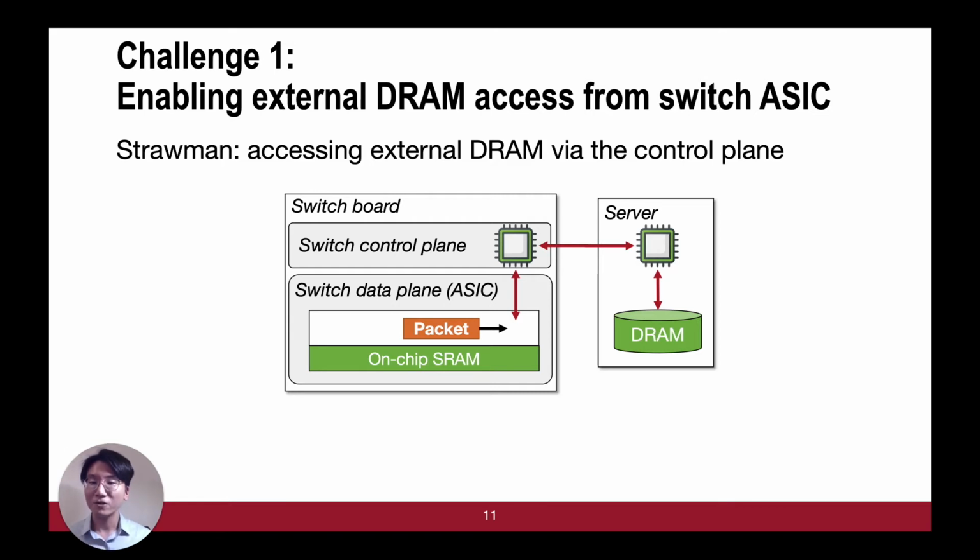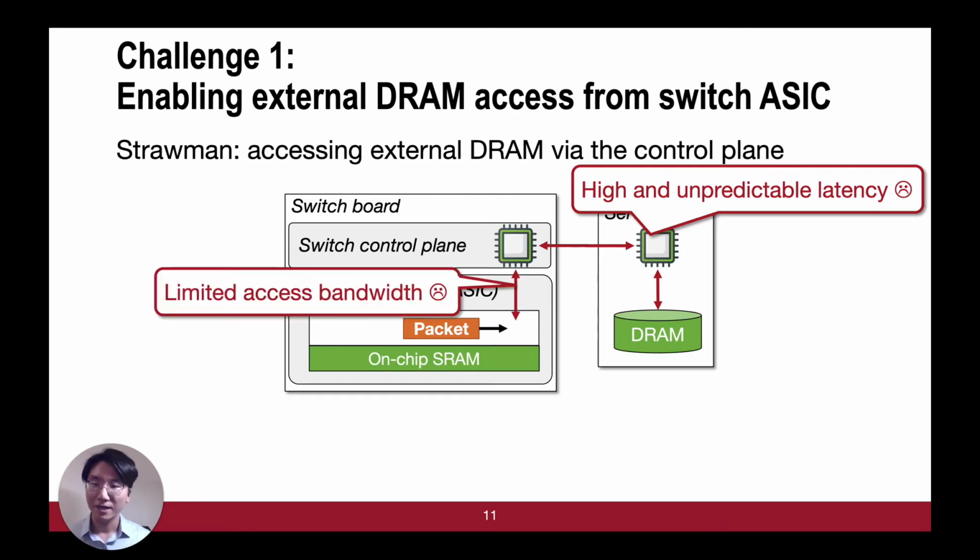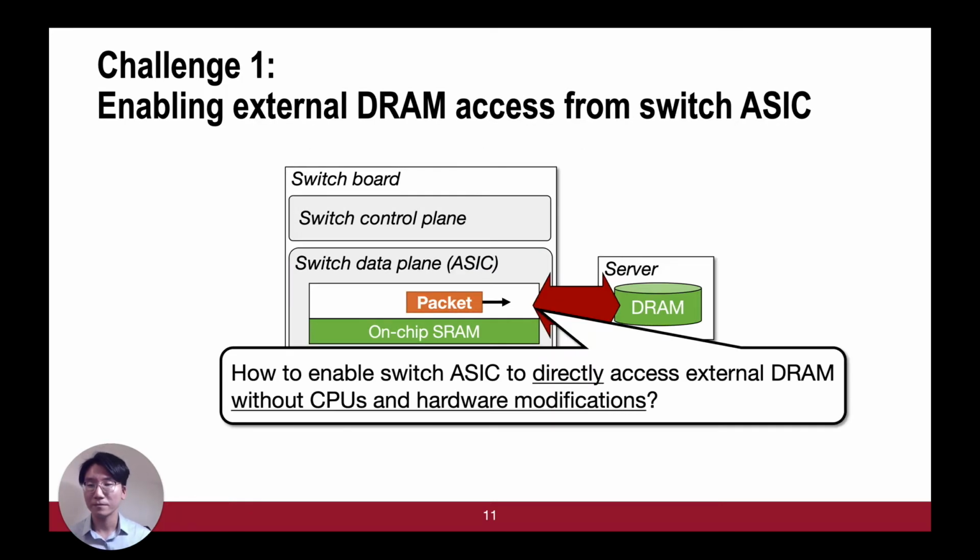But in this control plane-based mechanism, due to CPU involvement of the control plane and the server, it can incur high and unpredictable latencies, and also the bandwidth between the ASIC and the control plane, as well as the control plane and the server, is limited. So we need to design a DRAM access channel that enables direct memory access from ASICs without involving the CPUs and also without hardware modifications.